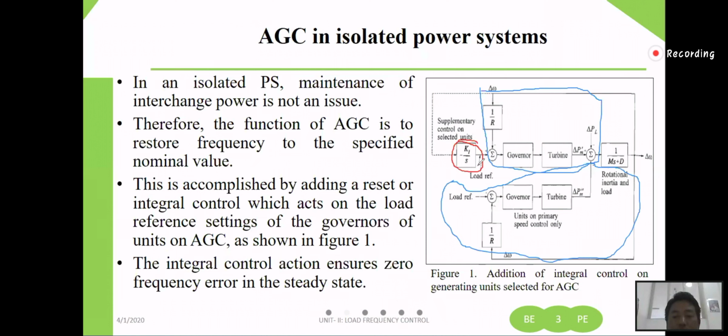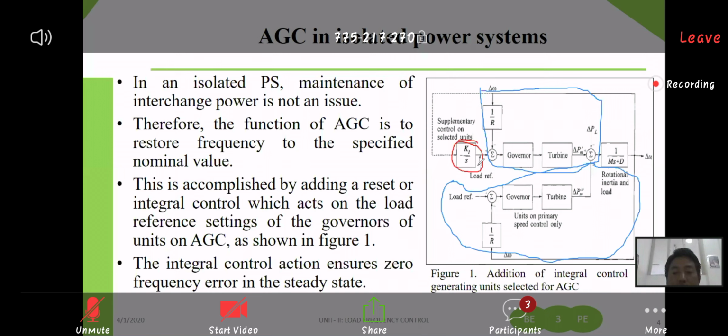If there is some deviation, first the speed governor will perform its function. Let's say there is some speed deviation, which you measure from here, and you get an actuating signal, and the governor functions. Then the turbine adjusts, and we get the required speed.